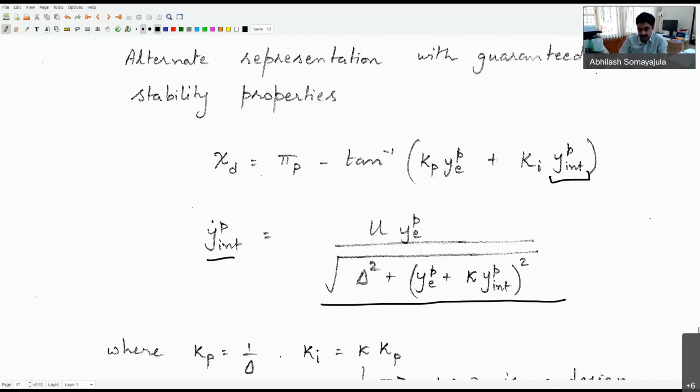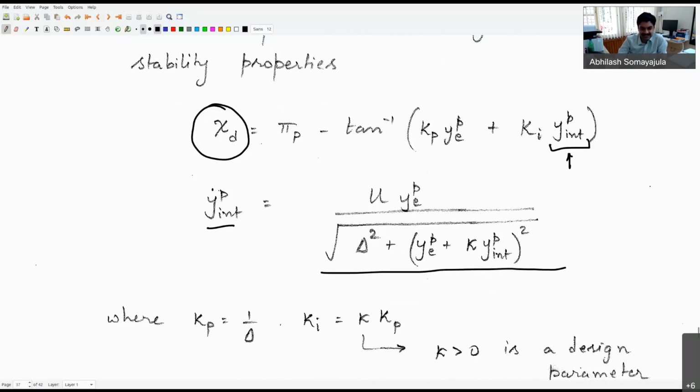Okay. So based on this ype, I'm going to substitute the value of yp int into here, and that will lead to my so-called desired cosangle error. And let us see why this sort of a function will be very helpful.